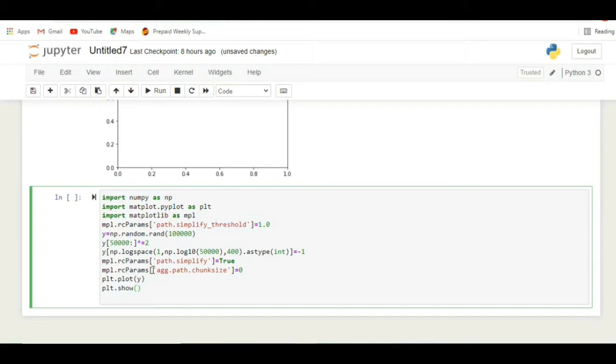Let me check whether it works or not after writing the complete code.